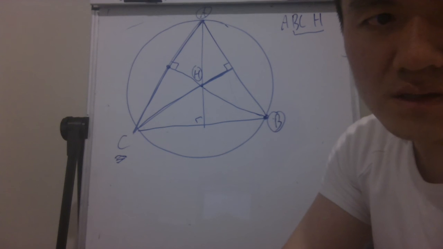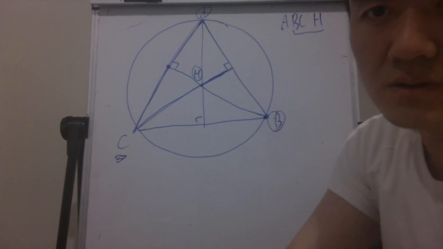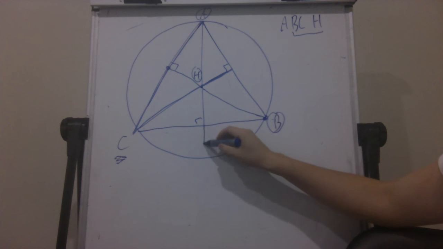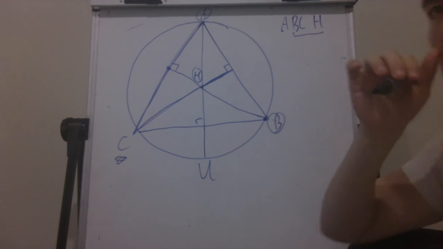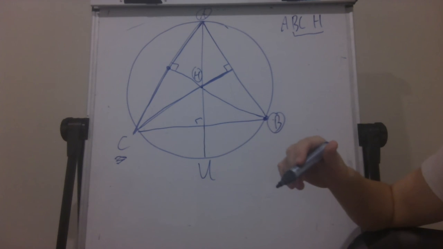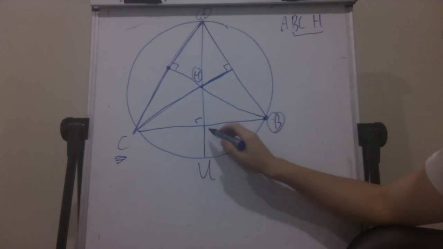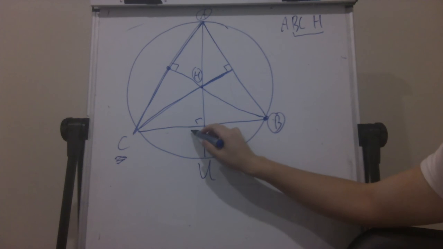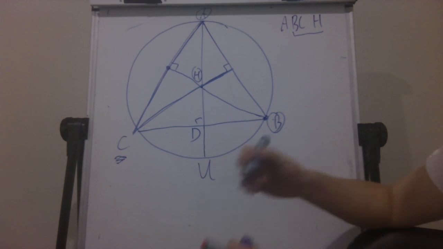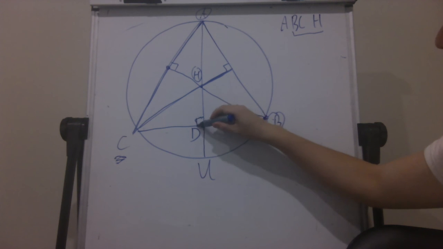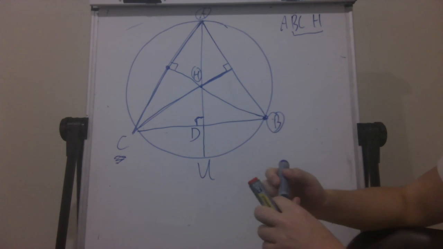One of the ways they do it in the book is you extend this to, let's call it U. Is it clear that DU is equal to HD?